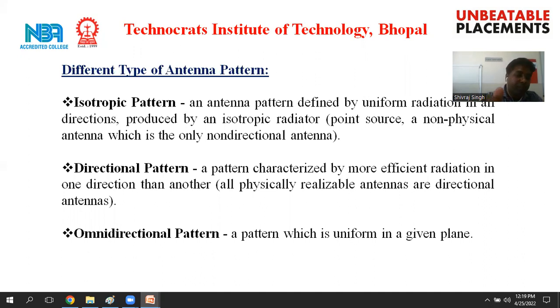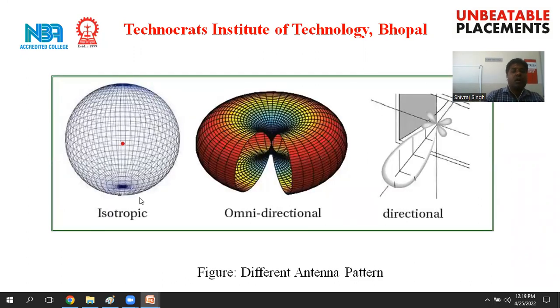In the omnidirectional pattern, the energy is transmitted in a plane. In this diagram, this is the isotropic radiator pattern, and this one is the omnidirectional pattern. Here we can consider a plane, or in this case the direction r, theta, phi, so it radiates equally in all directions.